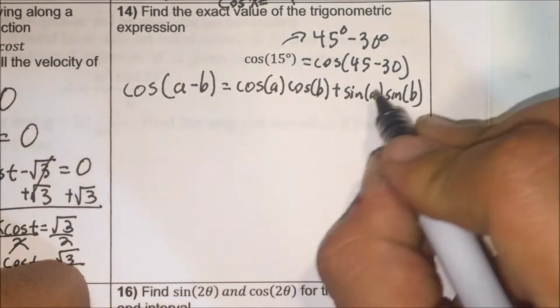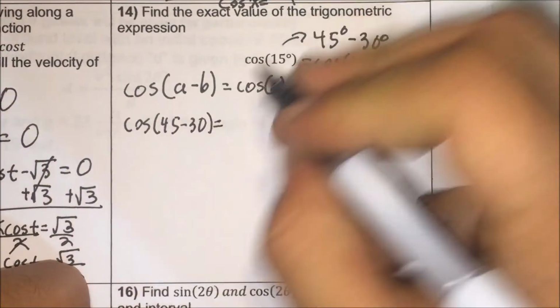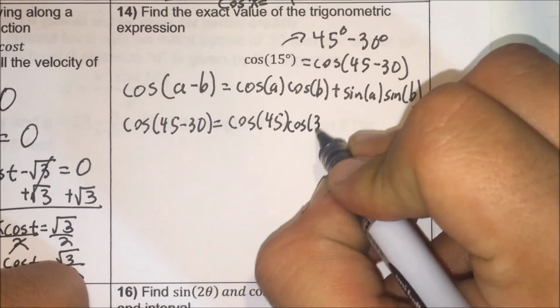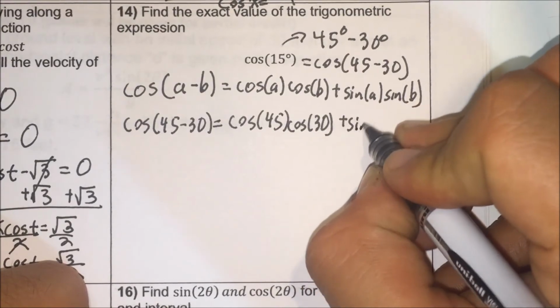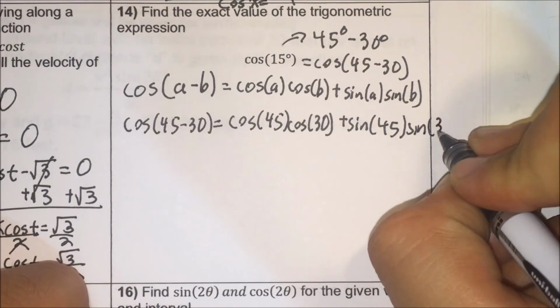So I can say that cosine of 45 minus 30 is just going to be cosine of 45 times the cosine of 30 plus the sine of 45 times the sine of 30.